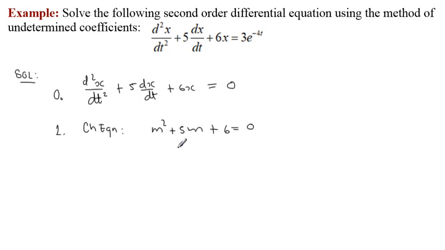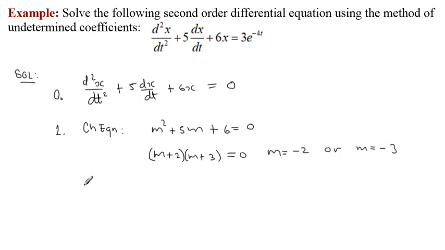And clearly this equation can be factorized, this left hand side can be factorized as m plus 2 multiplied by m plus 3 equals 0, giving our roots to be m equals minus 2 or m equals minus 3.